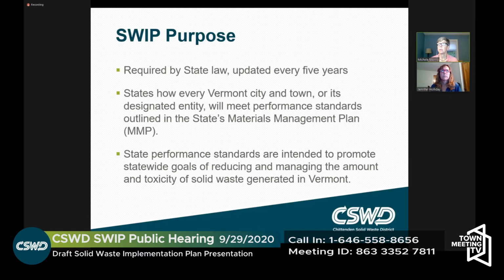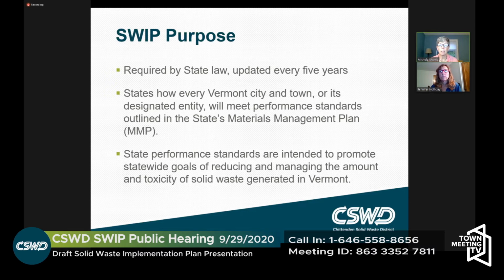Okay, so what is a SWIP, a solid waste implementation plan? It's a very specific beast. It's required by state law, and it is a very specific, prescriptive document that is in response to the state materials management plan. The State Agency of Natural Resources is required to update their statewide materials management plan every 5 years.